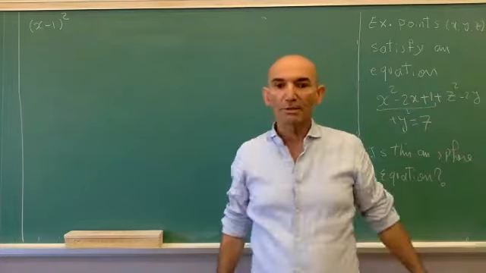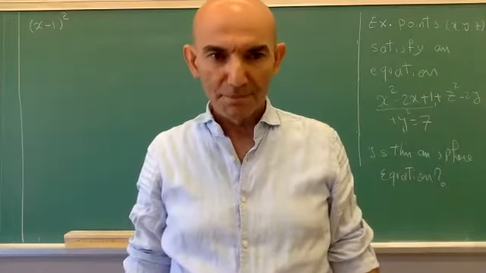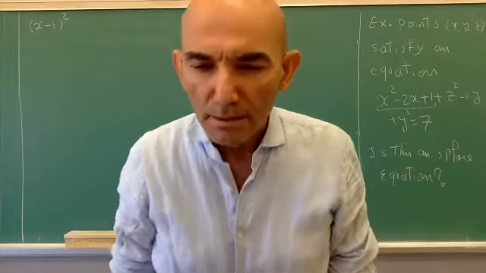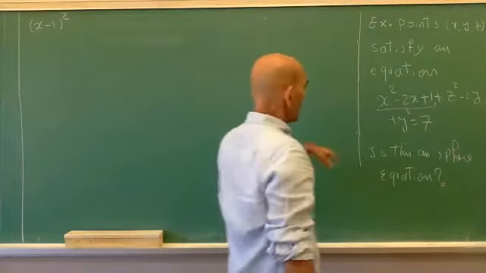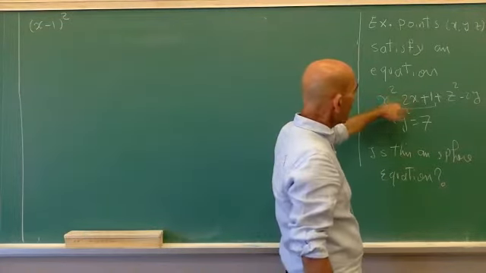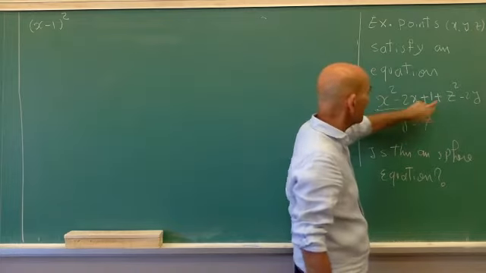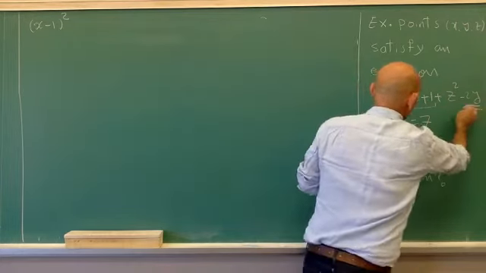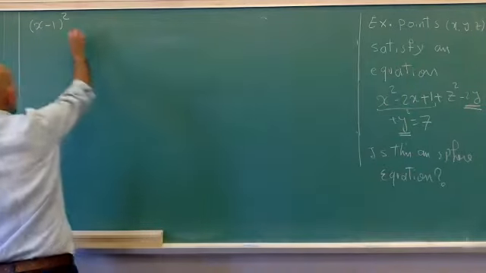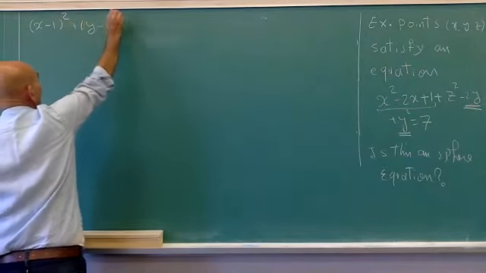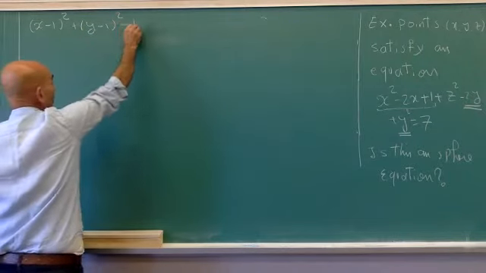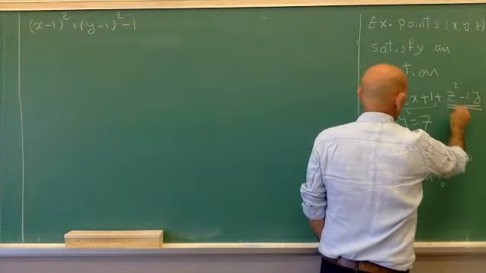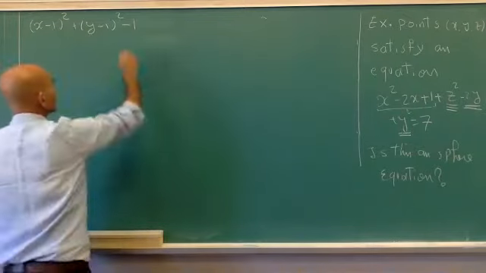What can we do with this y squared minus 2y term now? Can you tell me what I should do? Yes, exactly. I can add 1 and subtract 1 to complete the square here. So this term I can just write as y minus 1 squared, you have 1 and then you have to subtract 1 here. So we have accounted for these two terms. Now z squared, I don't do anything about it, it's just there.